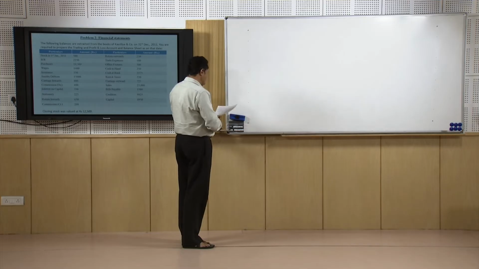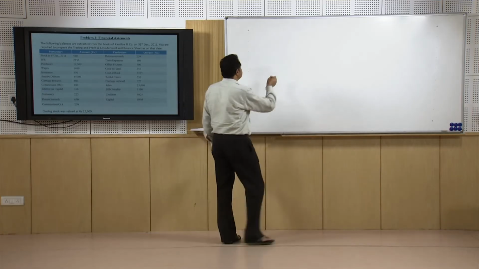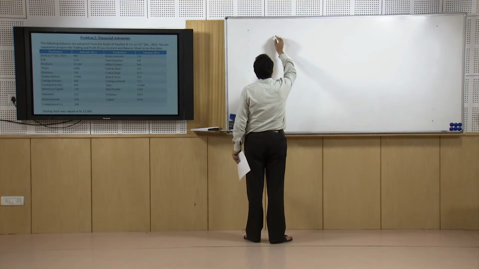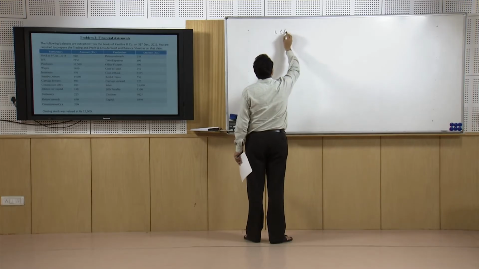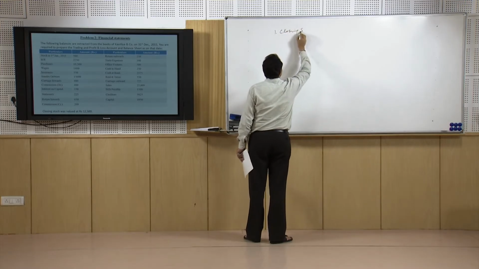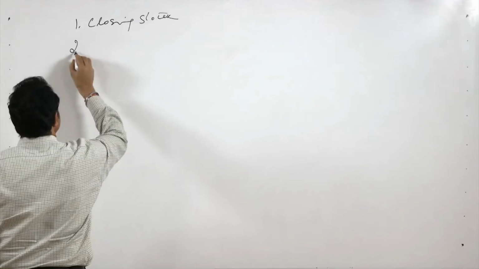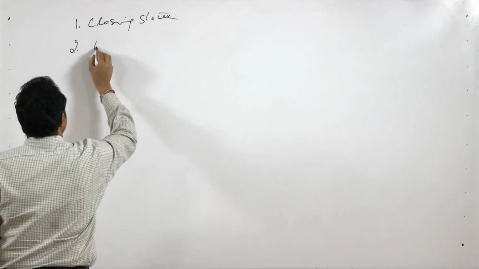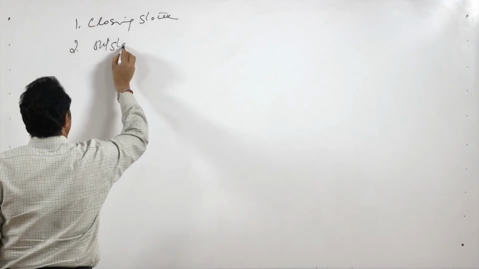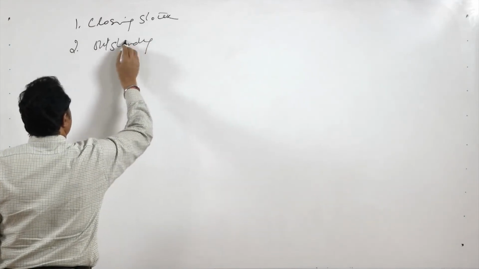So, the first one is the closing stock, which we have done. We have learned how to doubly treat it as per the double entry accounting system. Then the second is outstanding expenses.